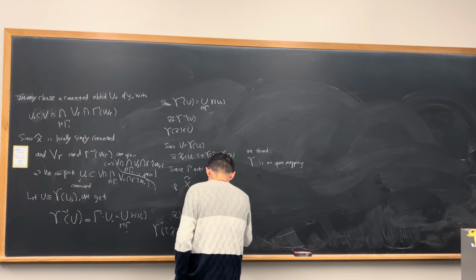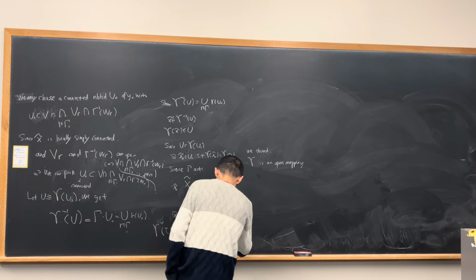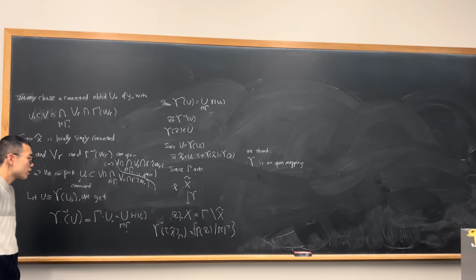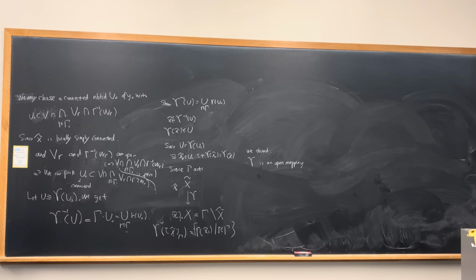Where this R is in gamma. Okay. So then, if you take the gamma inverse out of U, right? So basically, wait, what is U now?